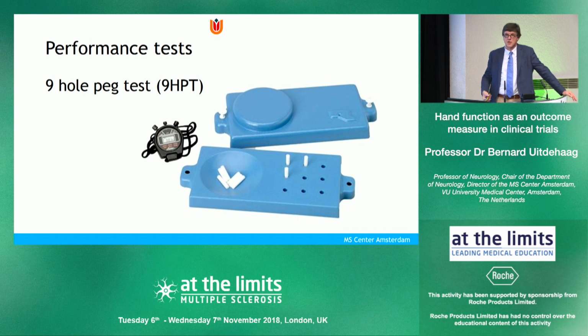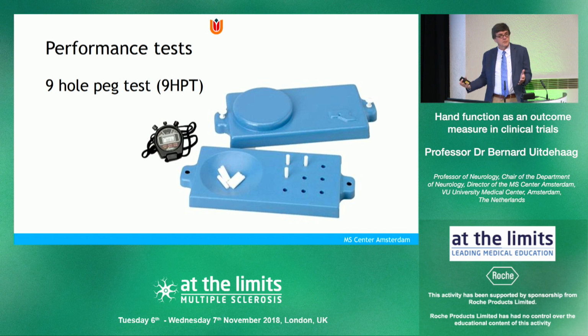So that's a kind of objective measure. There are all kinds of challenges. You can see that it's kind of a bowl, so when you have a problem in your coordination, you can dive into that bucket and you lose almost all pegs.